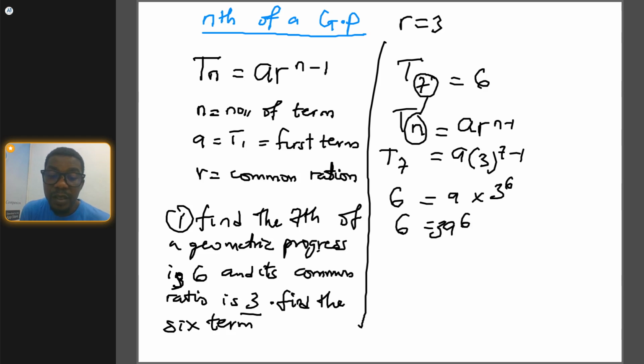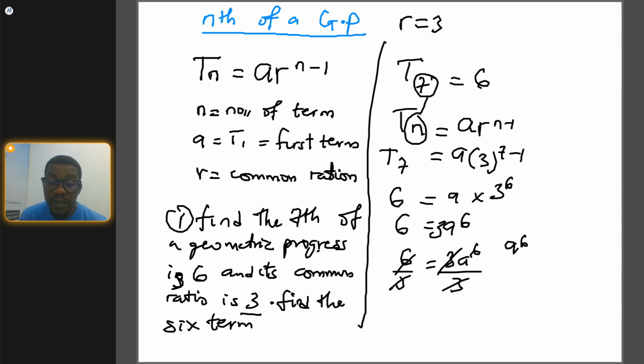So we have 3a raised to the power 6. Dividing both sides by 3, we have 6 over 3 equals 3a raised to power 6 over 3. Where we cancel 3, 3 here, we have 2.